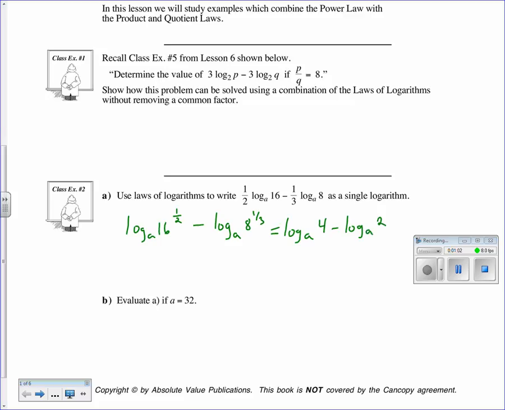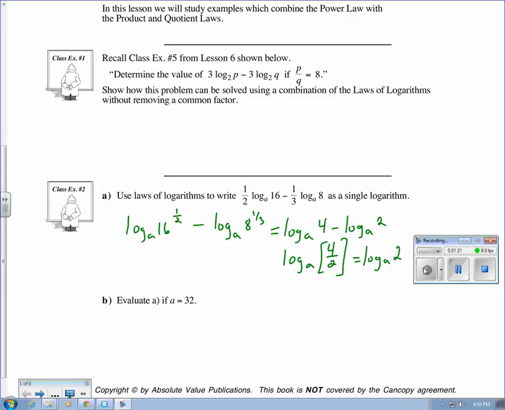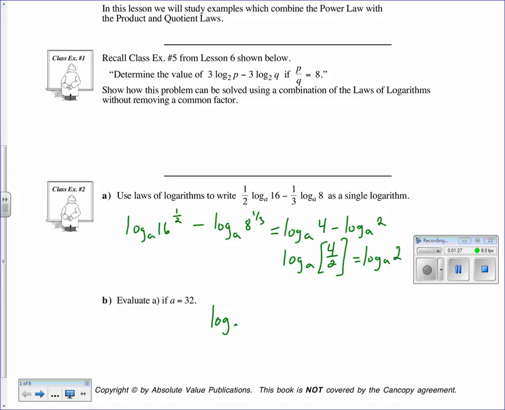And now because I have two logs which are being subtracted, I can write them as a single logarithm in a division format and end up with log A of 2. Now if A equals 32, what does that look like? Log 32 of 2 is equal to y.